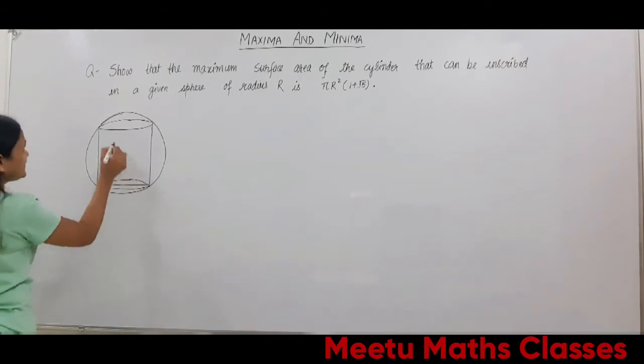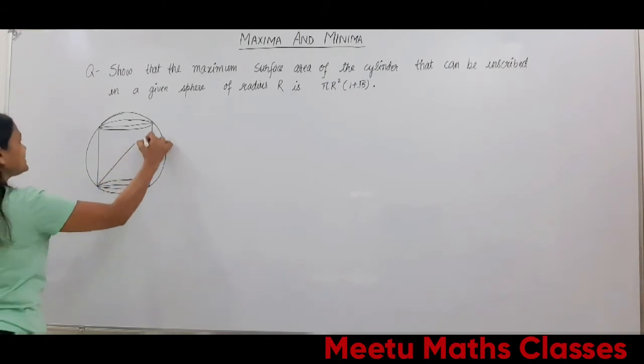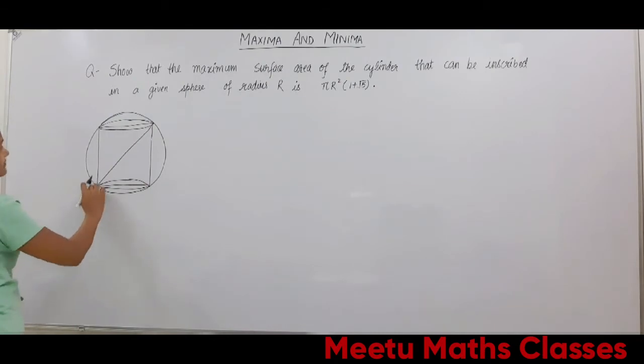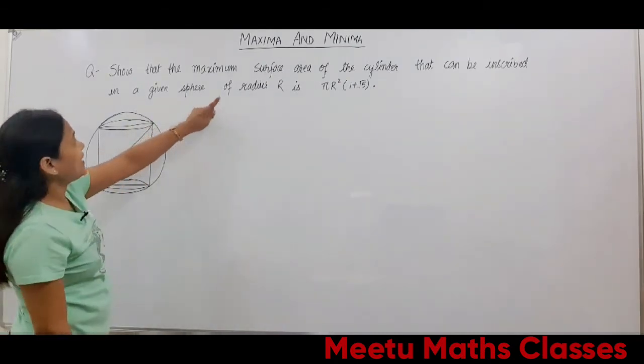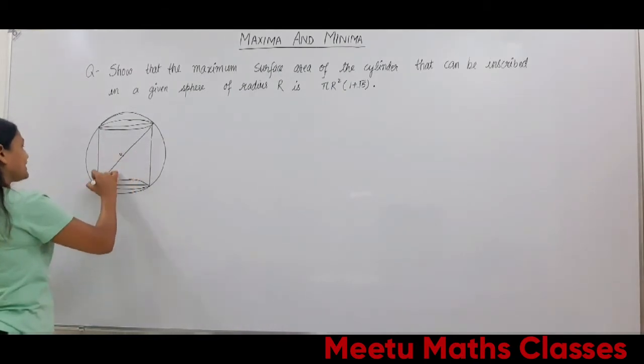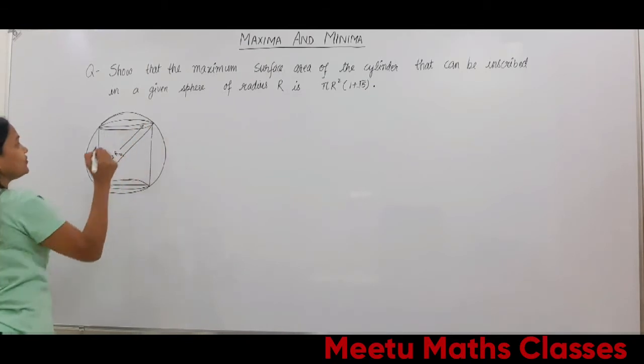Let this be the cylinder and this is the diameter of your sphere of radius r. तो आपका जो sphere है वो radius r का है, तो let this be the diameter, so this is 2r.